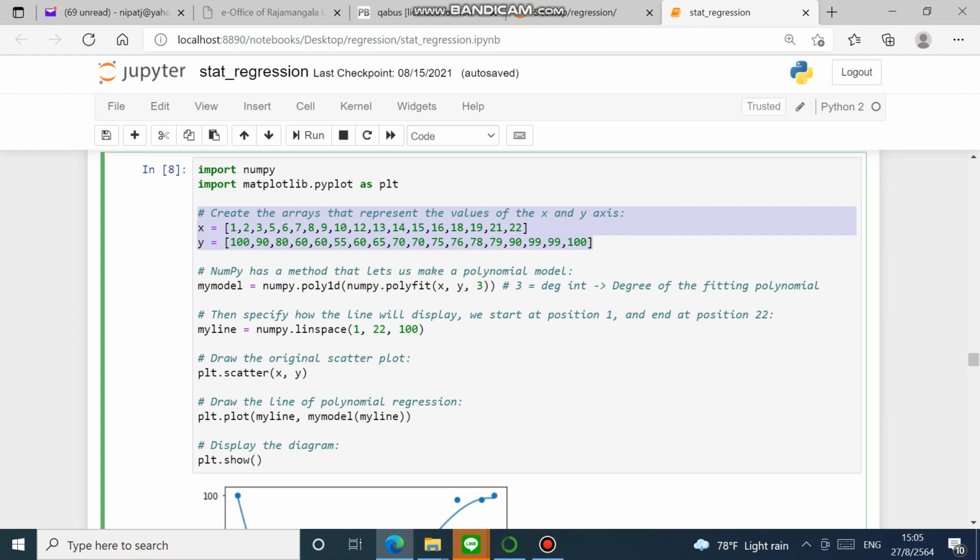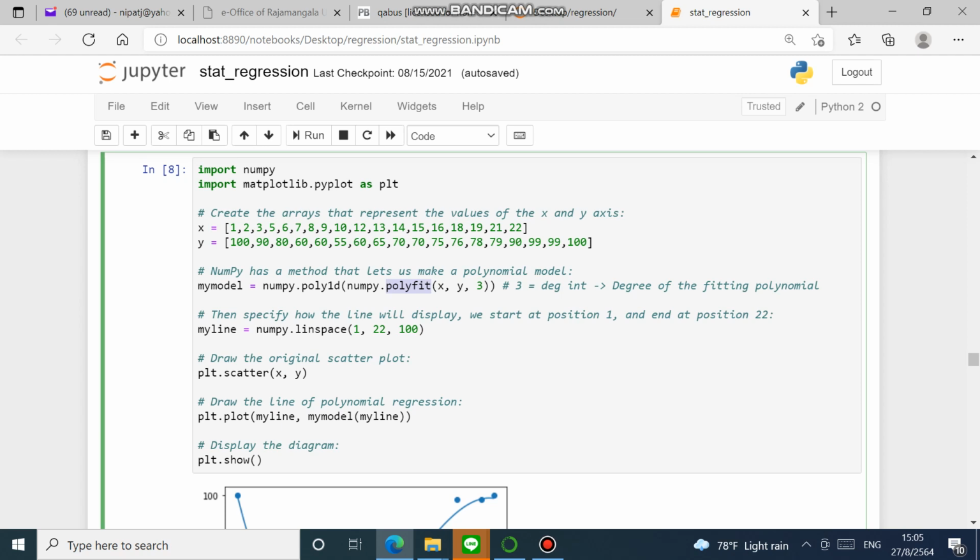Numpy has a method that lets us make a polynomial model: numpy.poly1d, polynomial one dimension. In this function you need to call numpy one more time, numpy.polyfit.